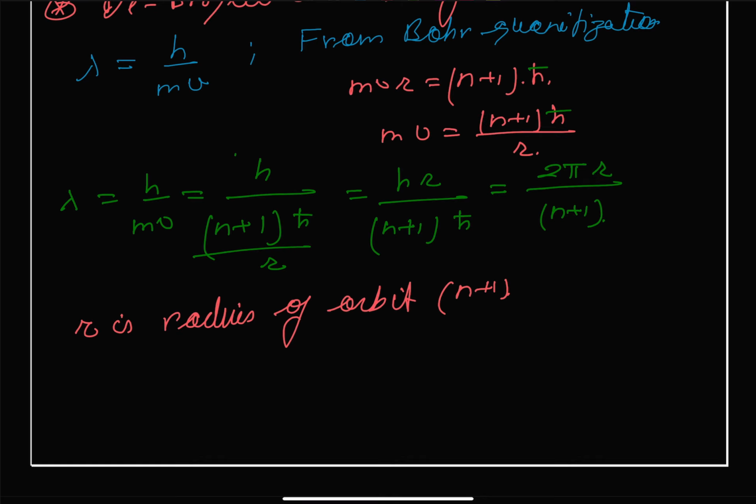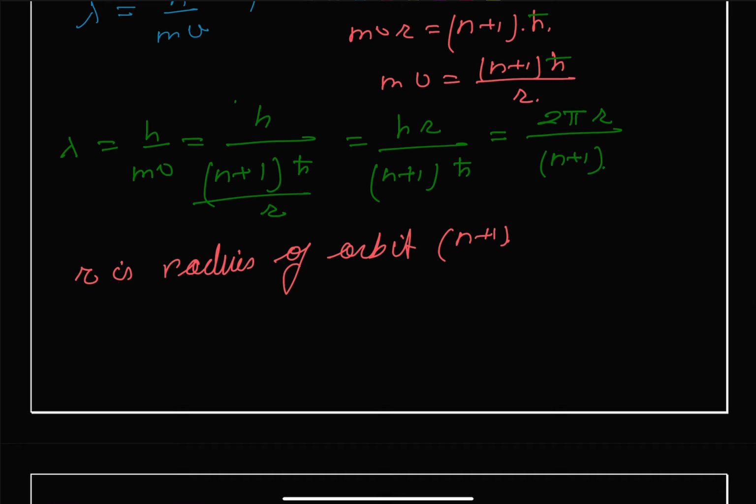And the standard formula for our radius of orbit, that is r, is equal to r naught multiplied by n plus 1 whole square divided by, sorry not h but Z, and this value of r naught, that is the Bohr radius, is given as 0.53 into 10 raised to power minus 10 meters.